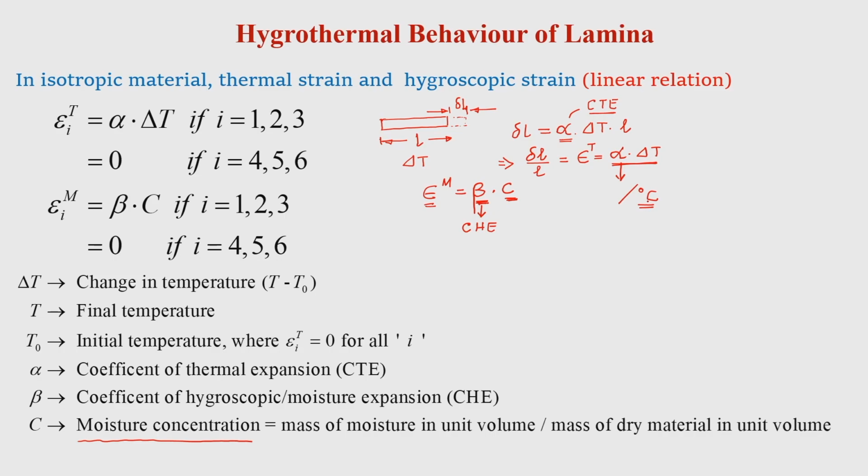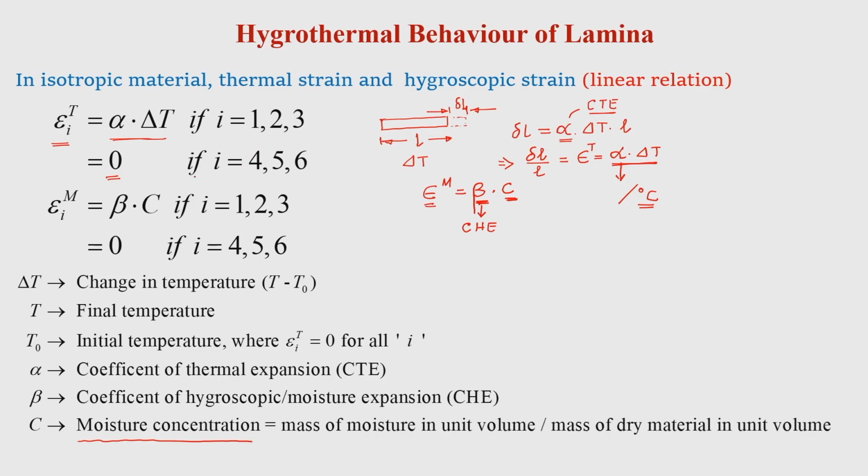Now, this is written here as epsilon i T is equal to alpha delta T for i equal to 1, 2, 3, and is 0 for i equal to 4, 5, 6. In 3 dimensions we have 6 strains, 3 normal strains and 3 shear strains.